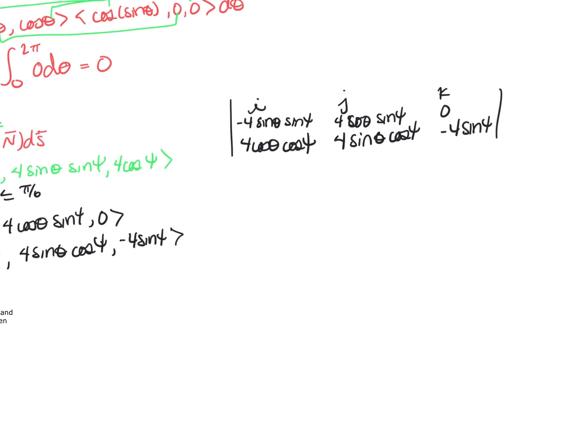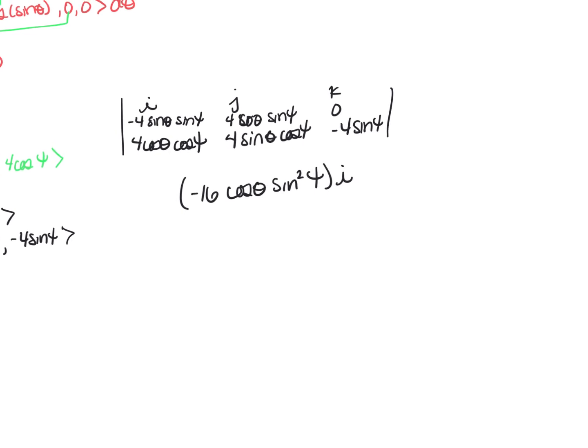Okay, in the i direction, I'm going to have negative 16 cosine of theta sine squared of phi. And then minus, in the j direction, I'm going to have a positive 16 sine of theta sine squared of phi.